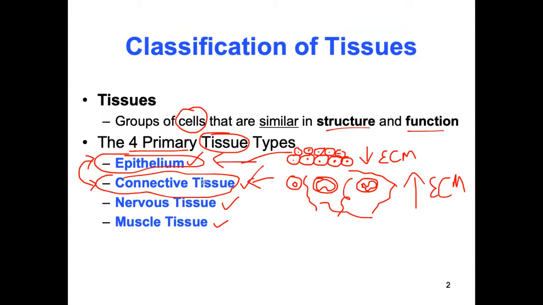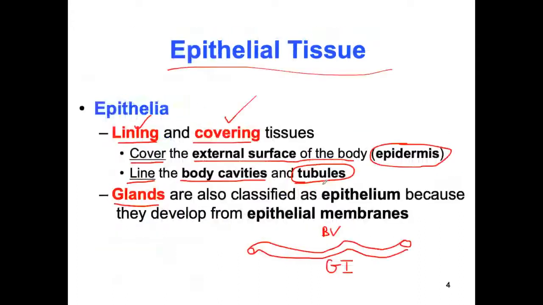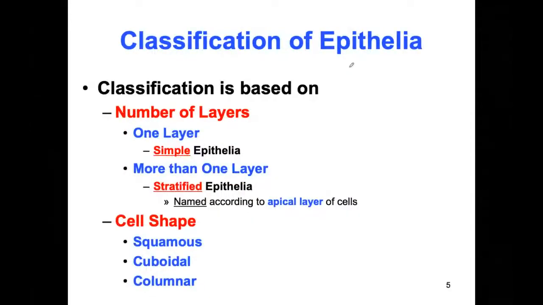If it's not, perhaps it's connective tissue. So the first question we're going to ask ourselves is, are the cells closely packed together or not? The second question we're going to ask ourselves is, hey, how many layers do we see? Do we see one layer of cells, or do we see more than one layer of cells?